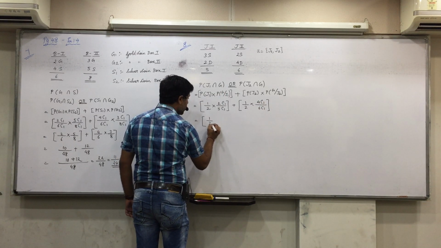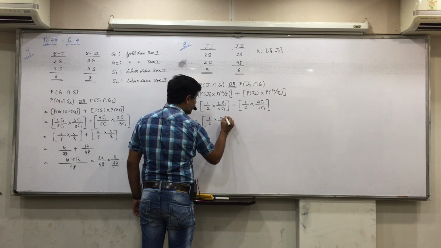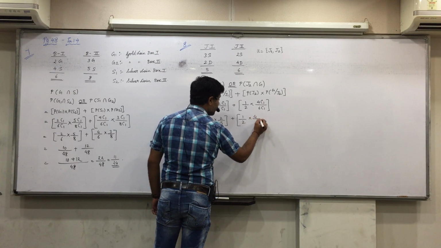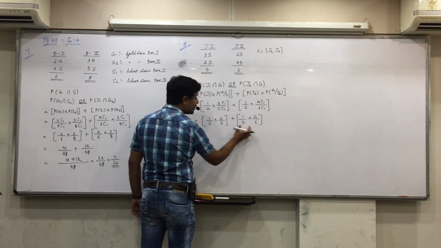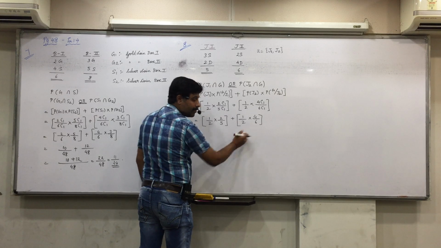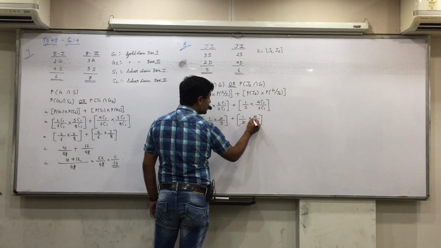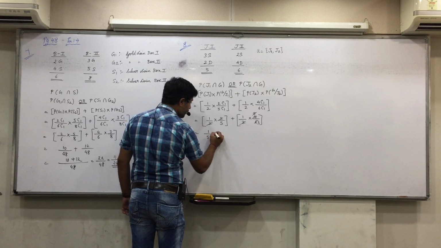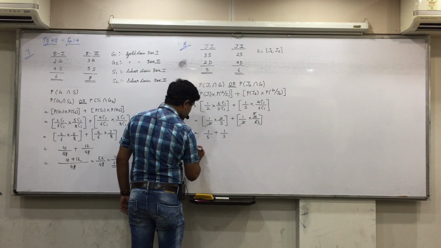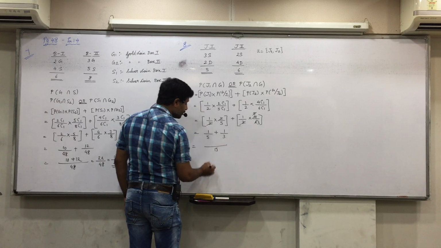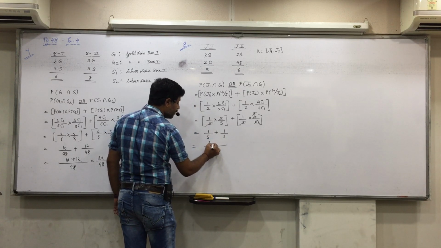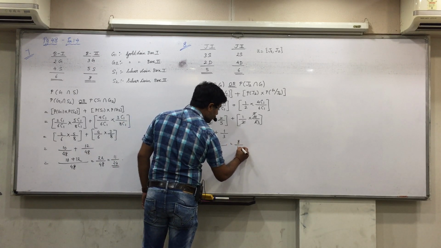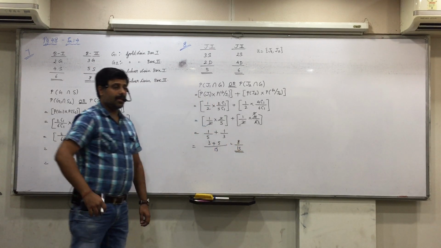So 1 by 2 into 2 by 5 plus 1 by 2 into 4 by 6. Here we can do the cancellation. So 2 gets cancelled: 2 into 2, 2 into 3, means 1 by 5 plus 1 by 3. LCM is 5 into 3, 15. 3 into 1 plus 5 into 1, 5. So 8 by 15. Did you understand this?